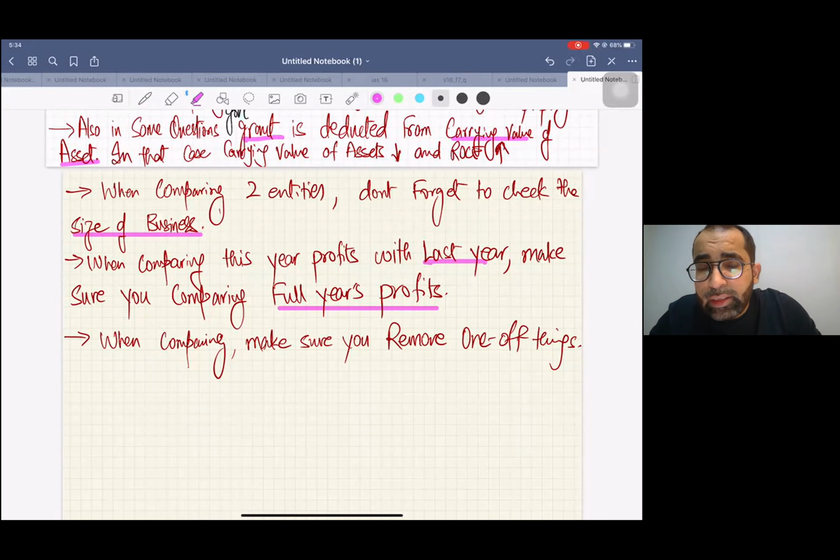Or if you want to compare this year with last year, then do compare full year things. Don't compare half year with full year. That's not a comparison of like with like. And in the Gregory question, they acquired the subsidiary in the middle of the year, and the CEO was blaming that this acquisition is not fruitful because we didn't see a big improvement.